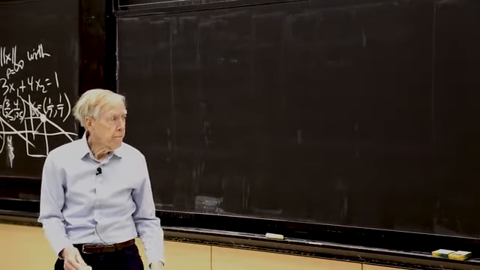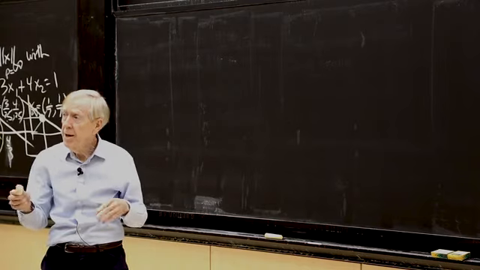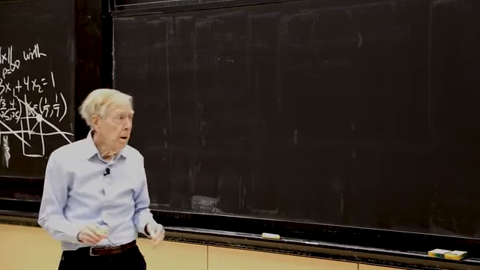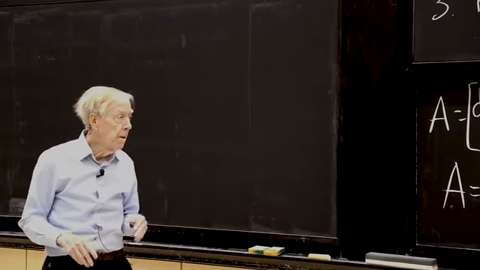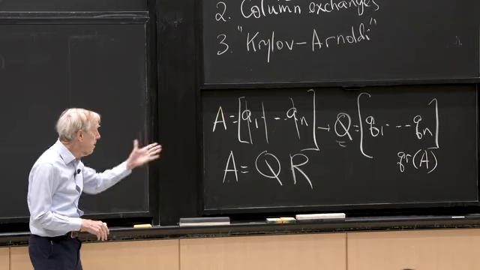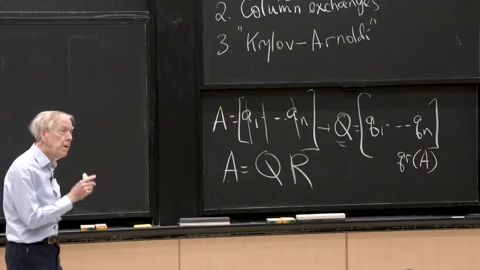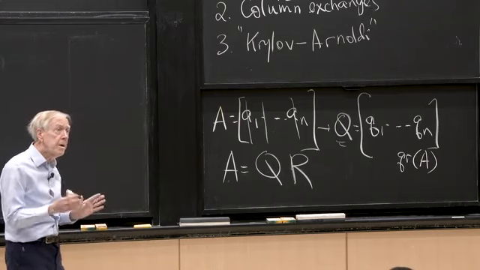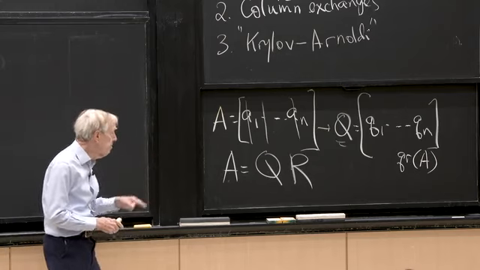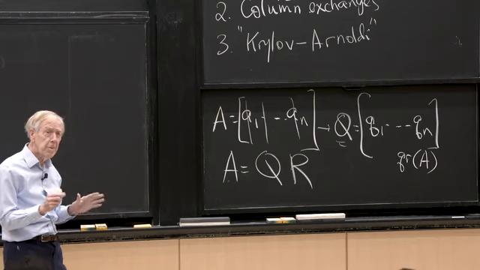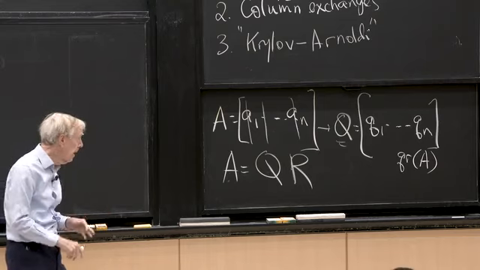Now, Q is the thing we're constructing. R is the combinations that we need to get what we want. And so it comes at the end, what the heck was R? But actually, R is really a simple idea. So I want to show that at the beginning instead of the end.